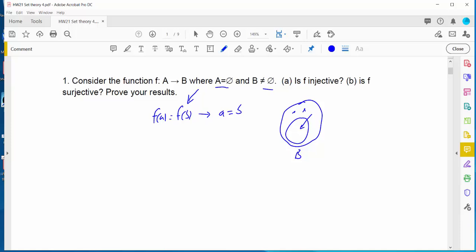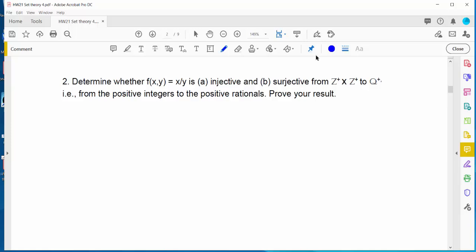Okay, this number 2 is stated a little bit awkwardly, right? But what this means is you're considering a function from Z plus cross Z plus, which is a Cartesian product on all of the positive integers, to Q plus, which is all of the positive rational numbers.